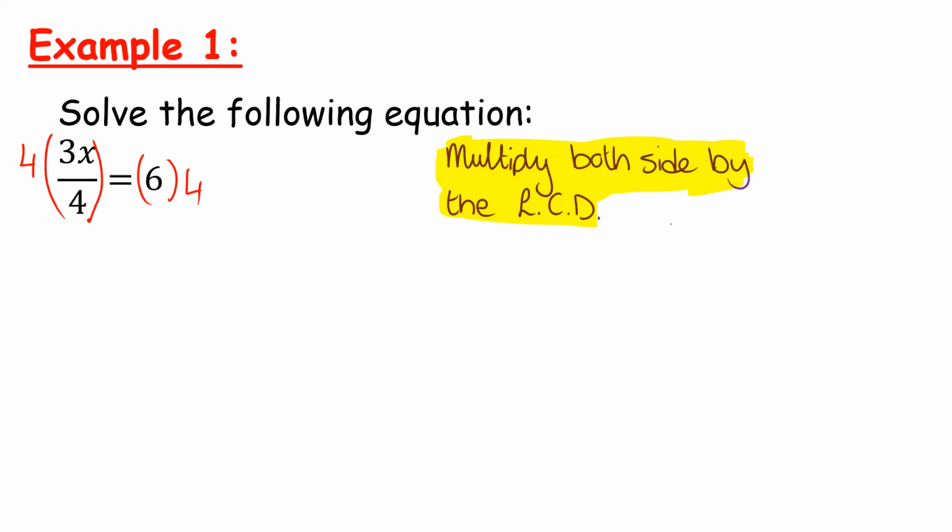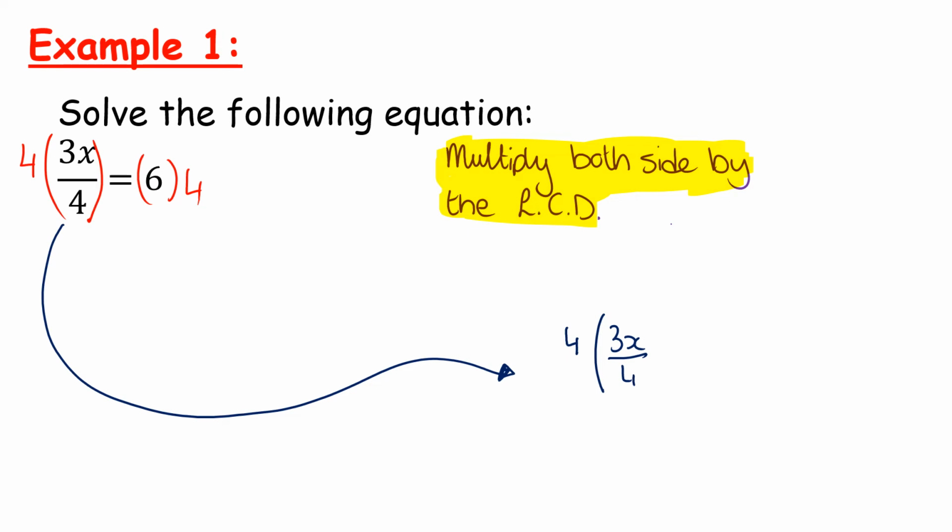So remember, balance. Have I done the same thing on both sides? Yes, I have. And effectively what you're doing on this side here, I'm going to do a little aside over here. So I'm doing 4 times 3x over 4. So that's like 4 over 1 times 3x over 4. And when we multiply fractions, we multiply across the top and across the bottom.